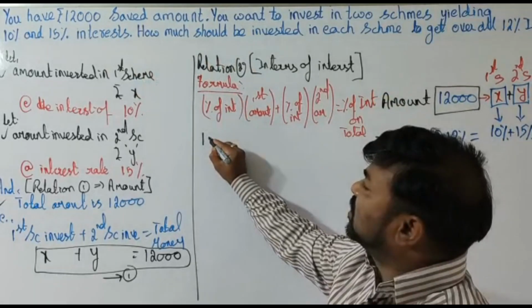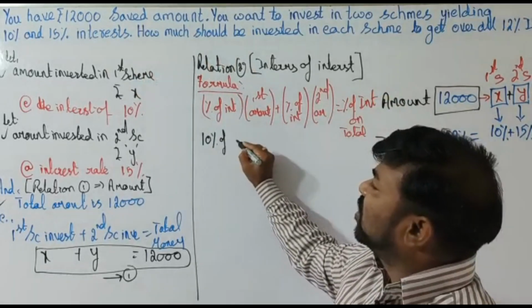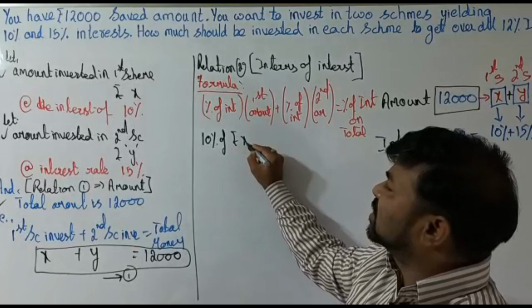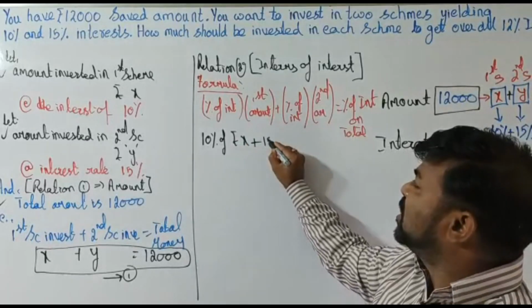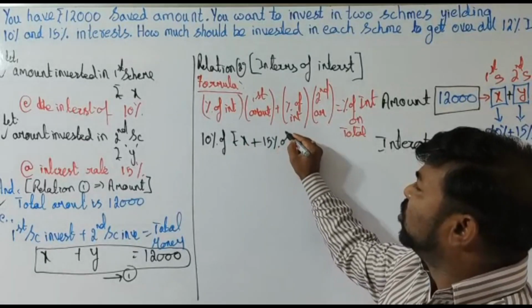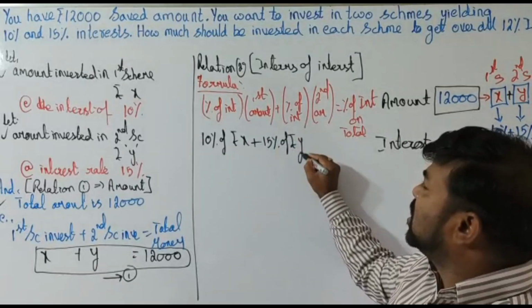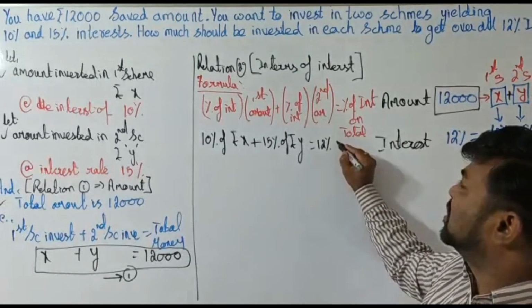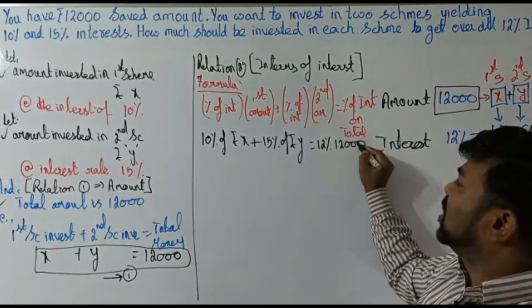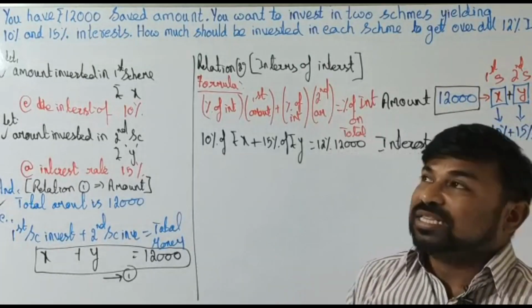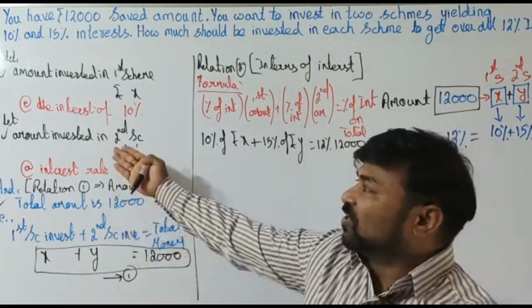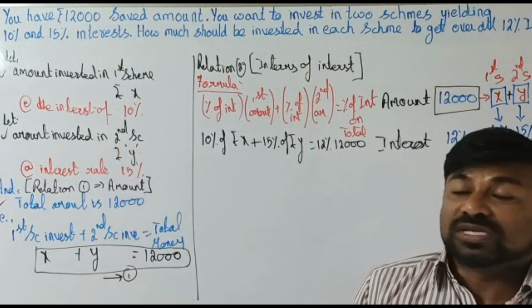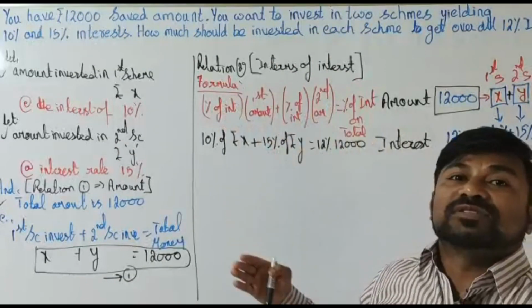10% of rupees X plus 15% of rupees Y equals 12% of how much? 12,000. This is the relation he has given. The first relation is in terms of amount and the second relation is in terms of interest.